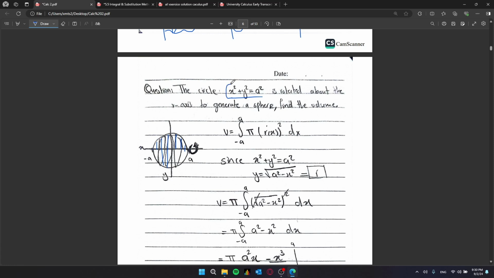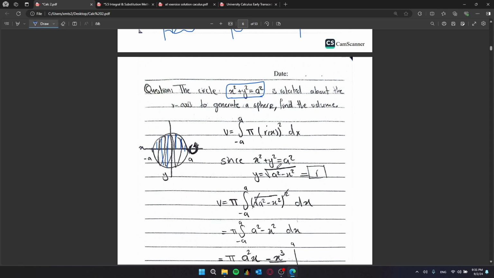So you're going to want to rewrite the formula in terms of y, because y equals f(x), right? And we're trying to find the integral of pi times f(x) squared dx. You can take the pi outside, it's the same. So you need to rephrase the question in terms of y.